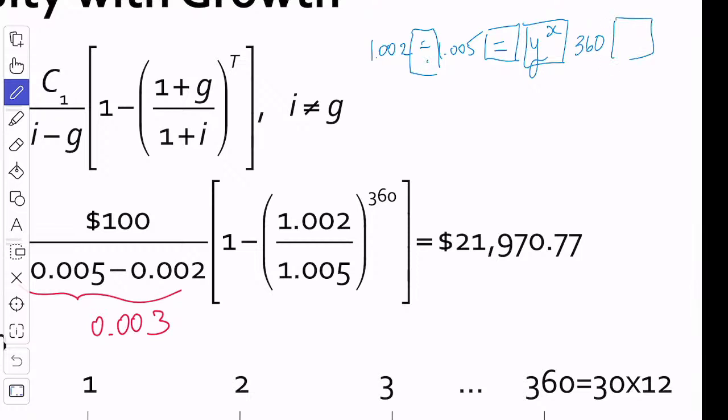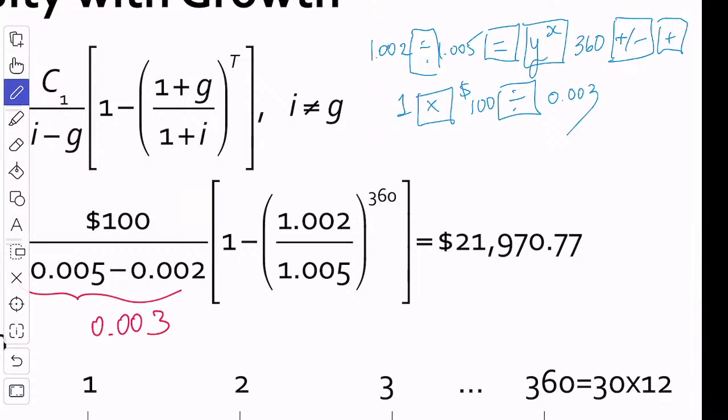Then you want to change the sign and add that to 1. Then you want to multiply by 100, and you want to divide by 0.003, and you should get your answer.